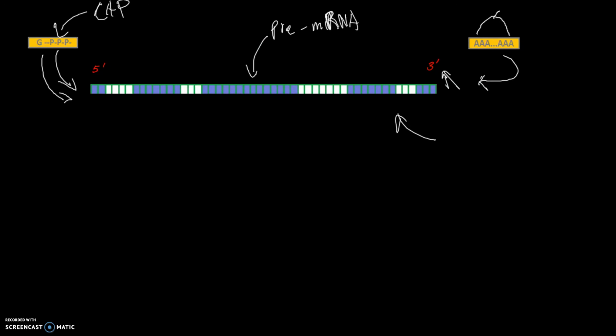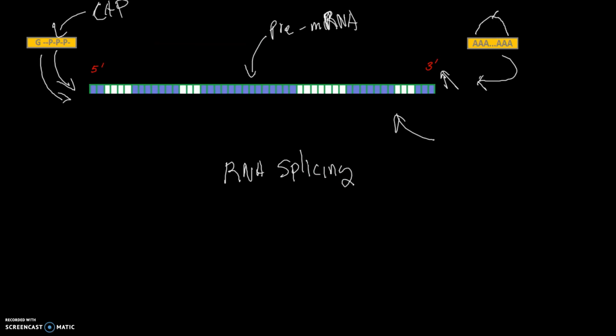Once the cap and the poly-A tail bind to the messenger RNA, the messenger RNA will go through a process called RNA splicing. During the making of the messenger RNA, the RNA polymerase is building what is known as the pre-messenger RNA.